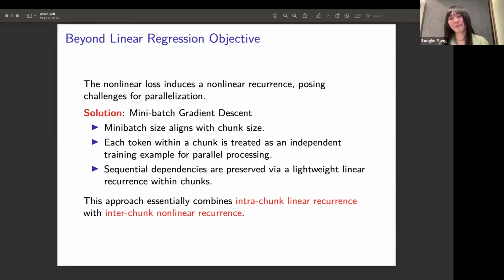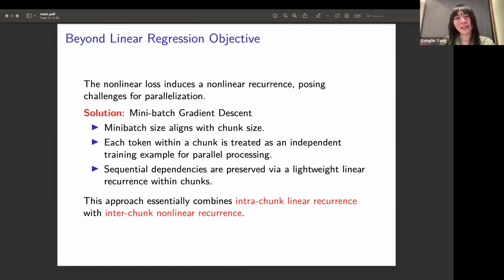We have more expressiveness, but we cannot parallelize it across the sequence length. To solve this problem in TTT, they come up with a strategy called mini-batch gradient descent. So in the TTT framework, each token is treated as a training example, and the model keeps doing gradient descent using the training data, which is the input token.